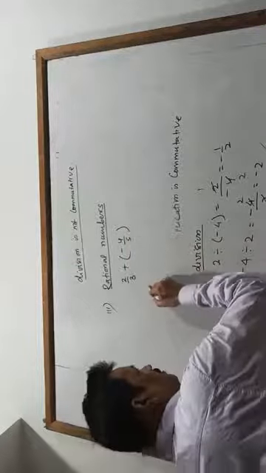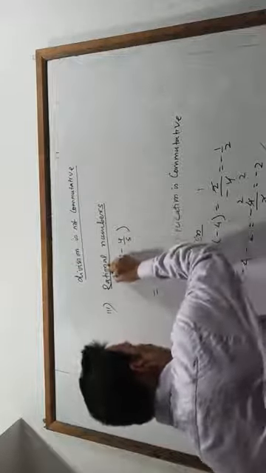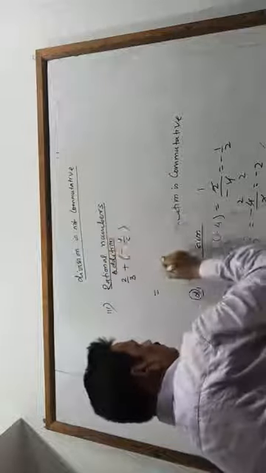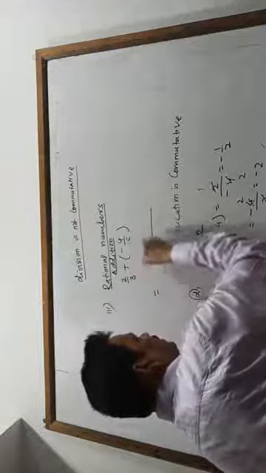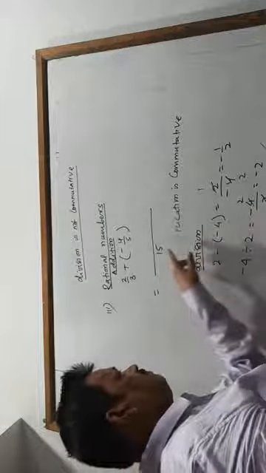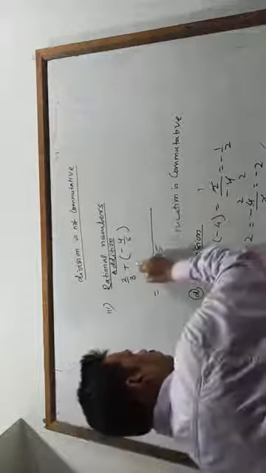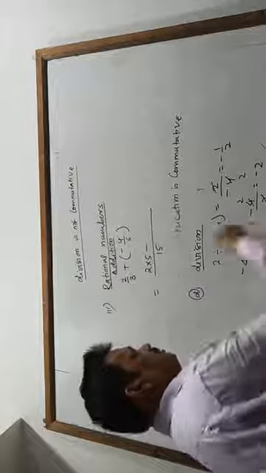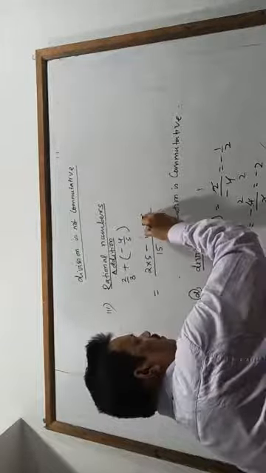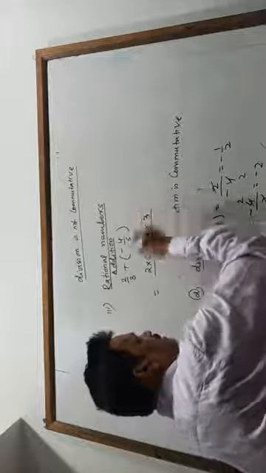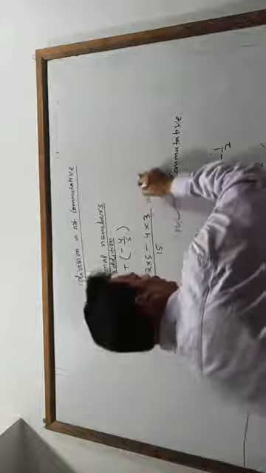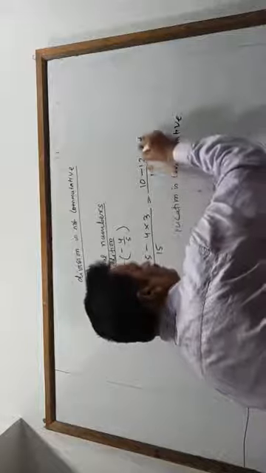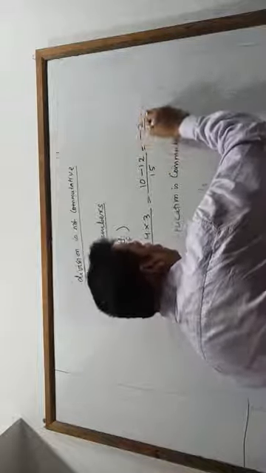So how to solve? Here is addition. The LCM of 3 and 5 is 15. 15 by 3 is 5, 2 into 5, plus into minus, minus. Then 15 by 5 is 3, so 10 minus 12 by 15. How much? Minus 2 by 15.